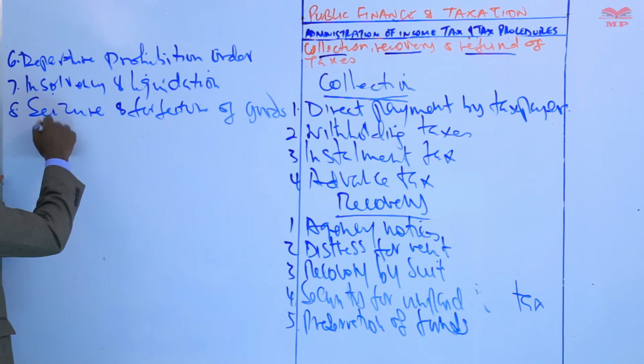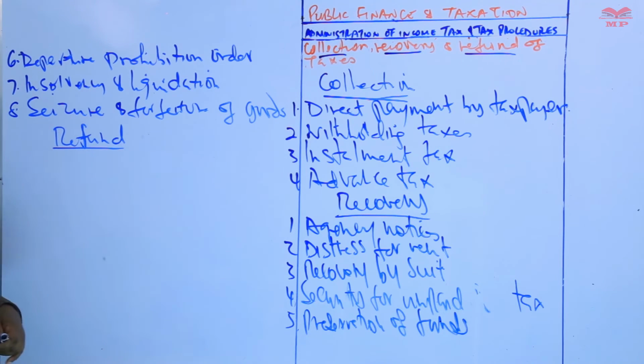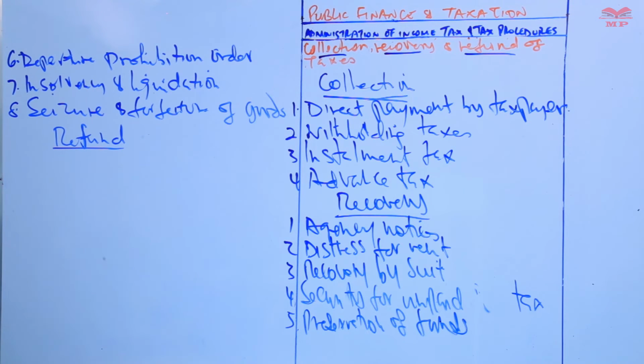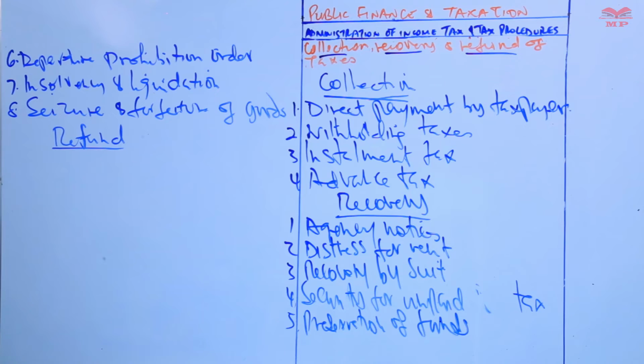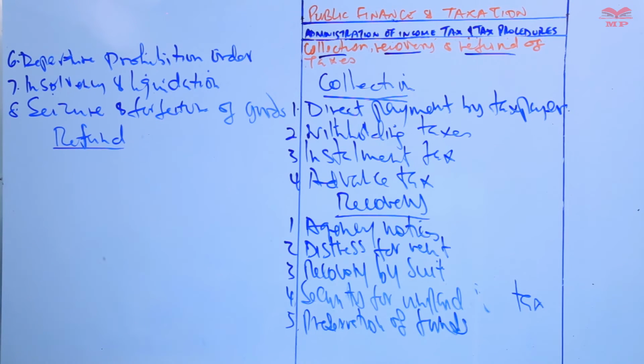Refund of taxes. Let's study refund. Now, a taxpayer may find themselves in a position where they have overpaid tax or paid tax in error. The Tax Procedures Act provides a process for claiming a refund.